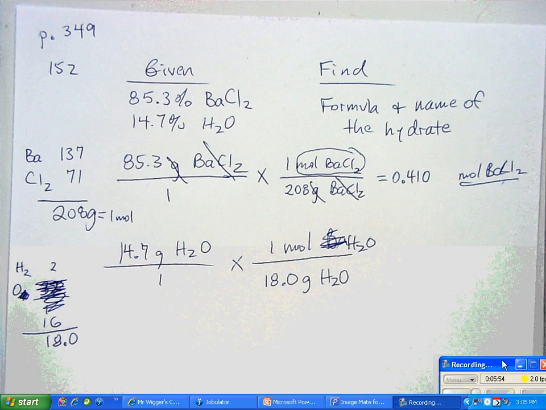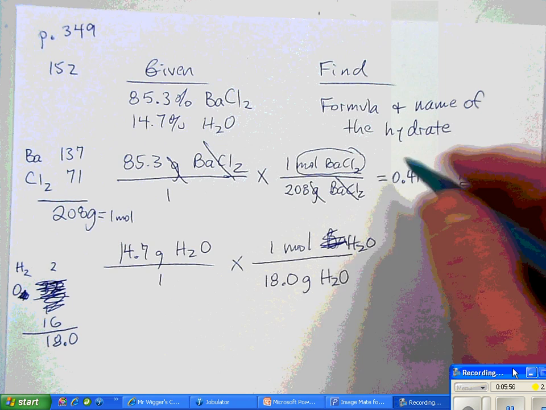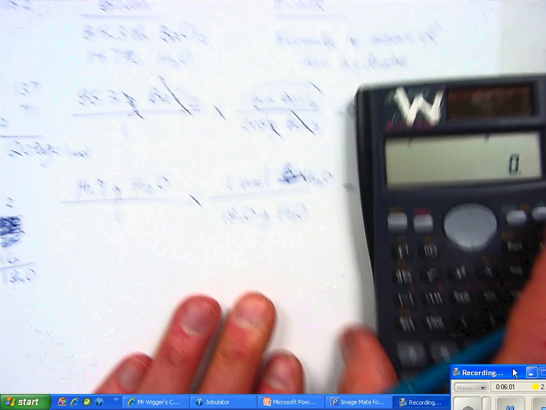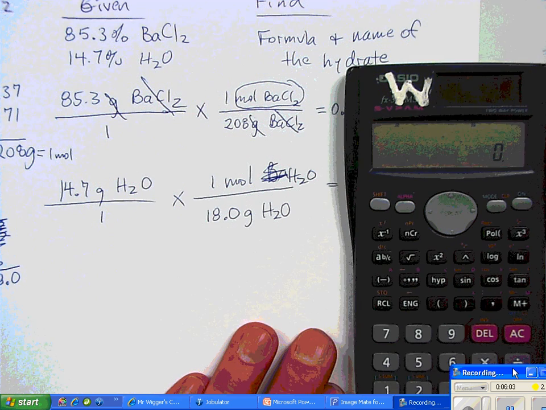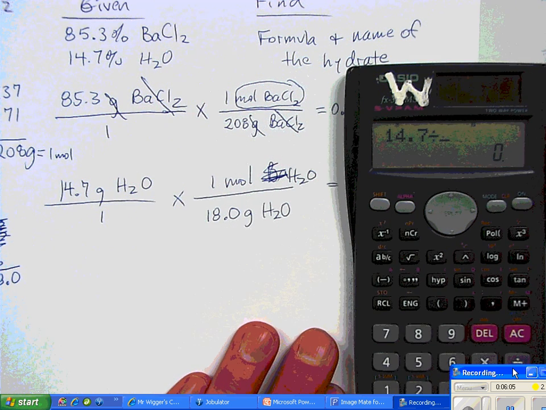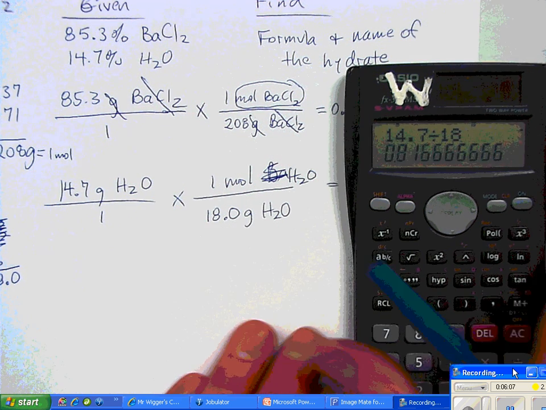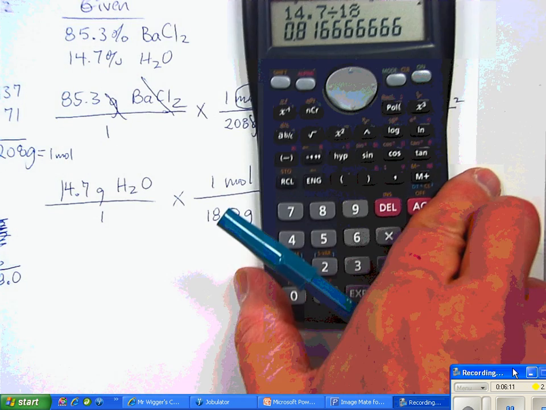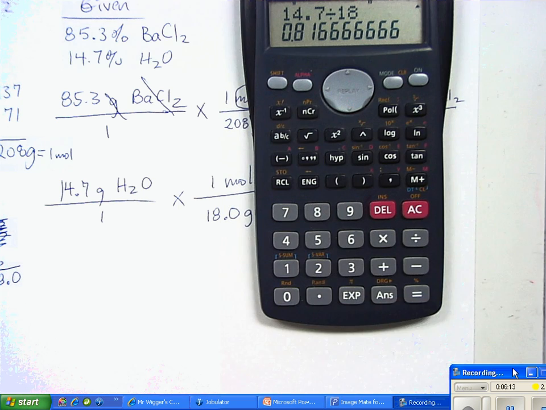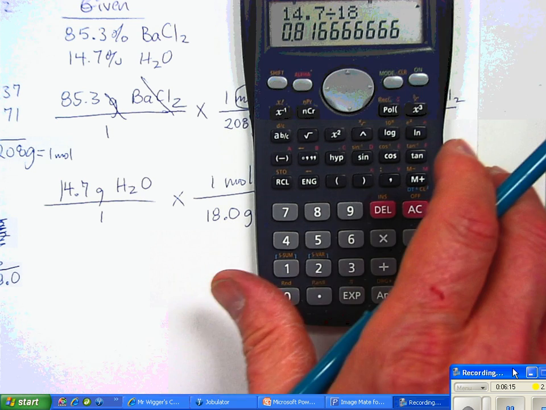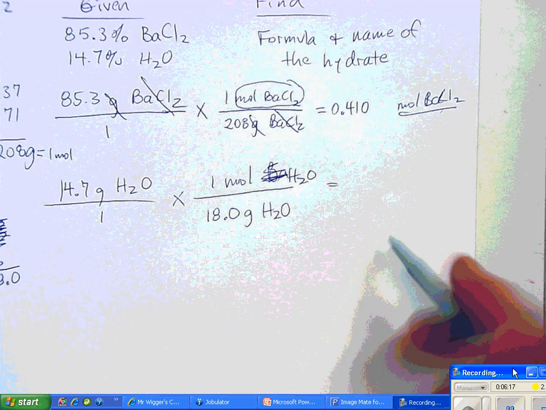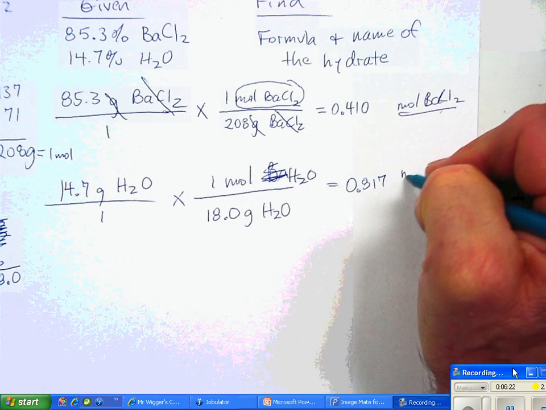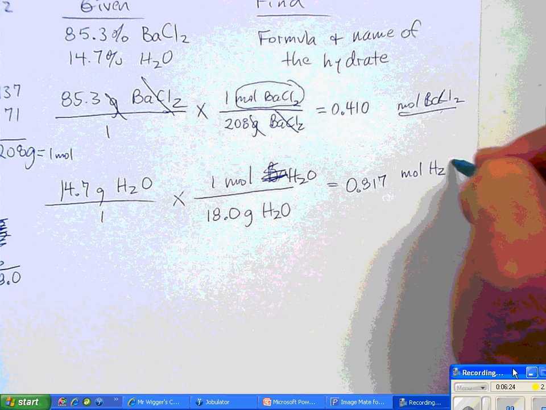Just got to make sure we don't go over on time. And that's going to give us what kind of number? 0.817. Okay, 14.7 divided by 18. And 0.81 what? 7. Yes. Rounding. 0.817, and this is moles of H2O.